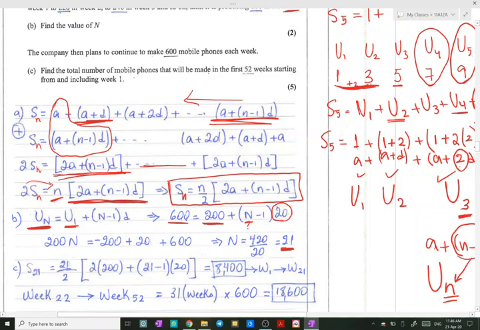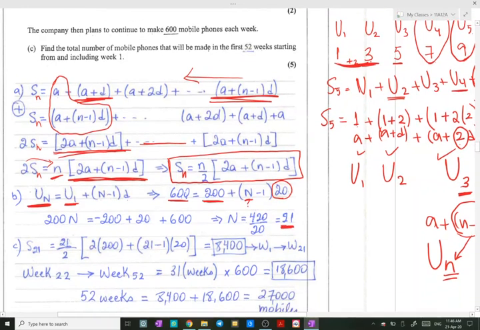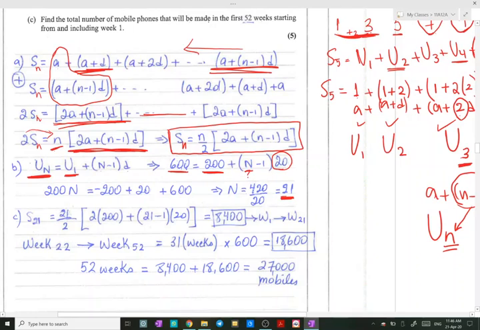So the increment is between week 1 and week 21, and then after week 21 they have a stable production of 600 mobiles. Therefore, we need first to find the sum of the total number of phones made in these weeks. Then we multiply the number of weeks by 600 until we get week 52.